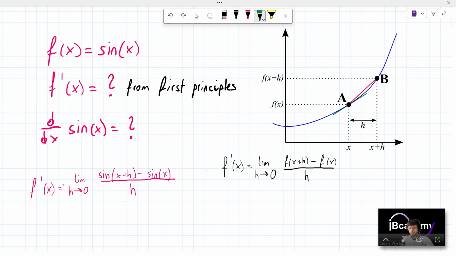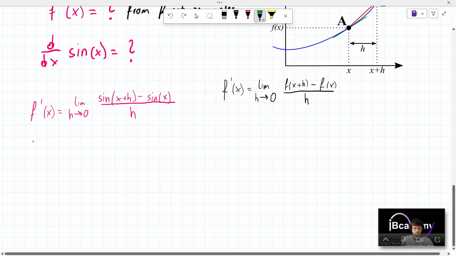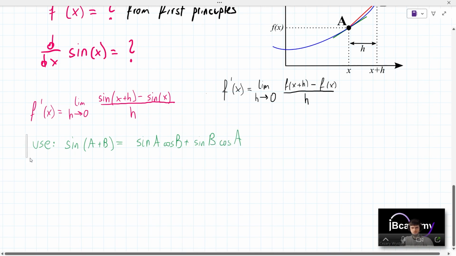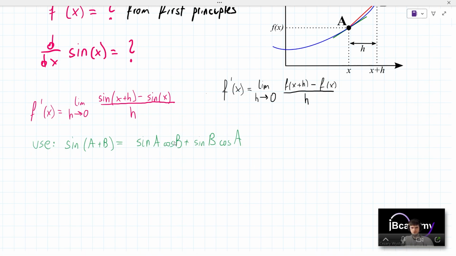You should probably remember this, but you do have this in the formula booklet anyways. So again, this is in the formula booklet, and this is basically the compound angle identity for sine. So now we're going to apply this in our expression.